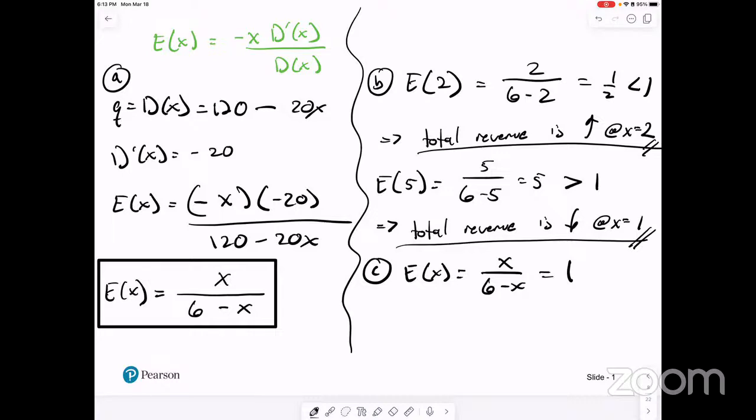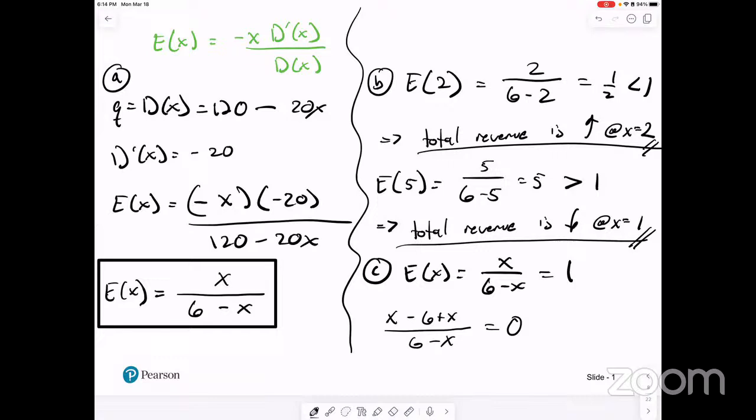So on top, we're going to have x minus 6 plus x over 6 minus x equals 0, right? So all I did was subtract 1 on both sides. I had my elasticity minus 1. Then 1 is going to be the same as 6 minus x over 6 minus x. Then, basically adding fractions, right? Okay. So then, now this guy is only going to be equal to 0 when the numerator is 0, right?